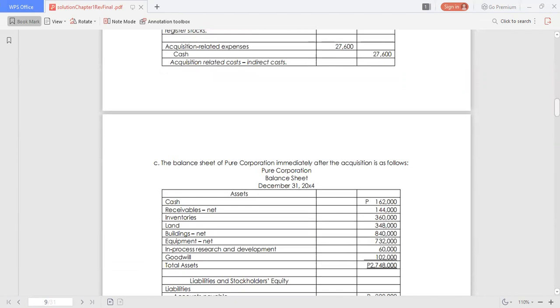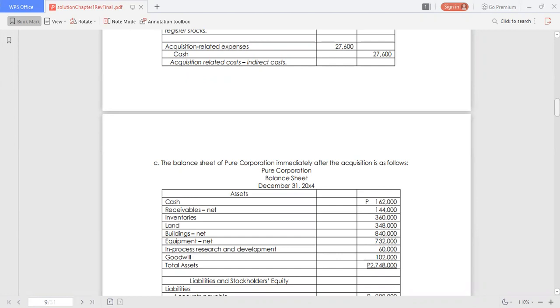Okay, so 162,000 is taken. Initially adding 276 as the beginning cash of Pure and that of Saint of 24. So we now get the total of 300. We deduct 78, deduct 32,400, and deduct 27,600. The remaining cash is 162,000.